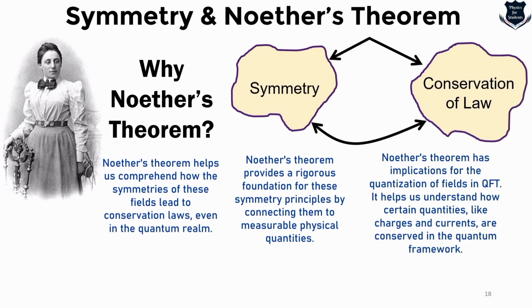So you see that there is a symmetry, a conservation law, and Noether's theorem helps us to comprehend, understand, and provide a rigorous understanding of the symmetry principles and how they are related to quantum field theory.